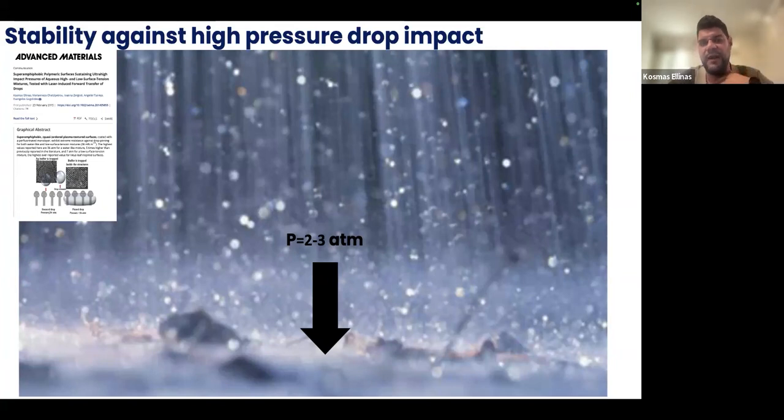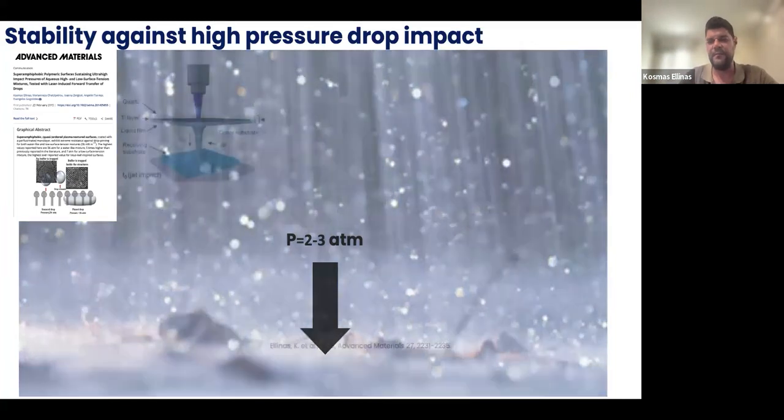Here I'm showing you another publication about how to create surfaces that can repel water again, but also high-speed water drops hitting the surface.